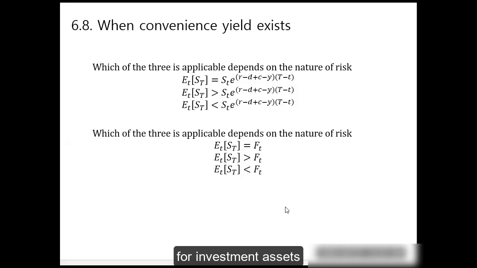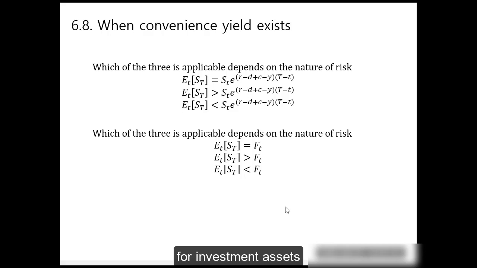Now, if the underlying asset is not a financial asset, but rather something with a convenience yield, then we need to introduce one extra term, the convenience yield. So this was the equation that will be relevant here.